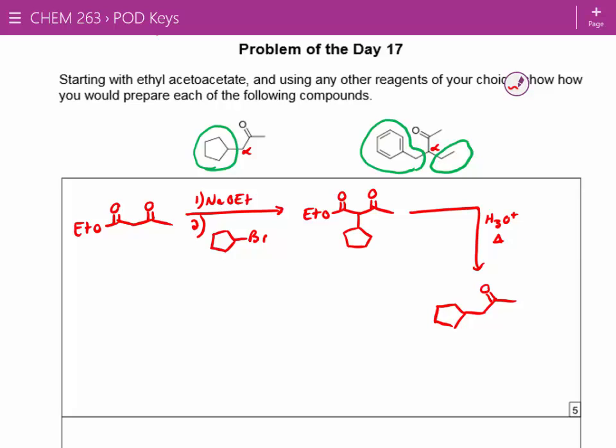All right. One thing I did want to bring up, though, is this whole step. Do you think this alkylation step would go very smoothly? What's the problem with our electrophile here? Yeah, it's a very hindered electrophile. If you tried to do a backside attack on that, it wouldn't work well.